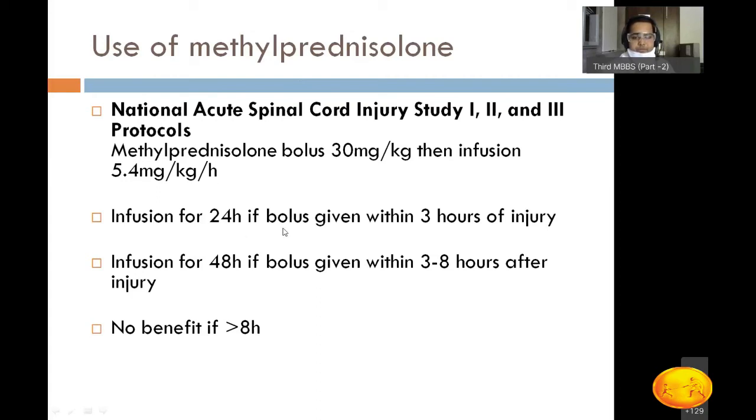The infusion is given for 24 hours if the bolus is given within 3 hours of index injury, and for 48 hours if the bolus is given within 3 to 8 hours of injury. If the patient arrives after 8 hours to our hospital, there is no benefit of giving methylprednisolone. So methylprednisolone is beneficial in neurological recovery if it is given within 8 hours of the injury and in these particular doses.